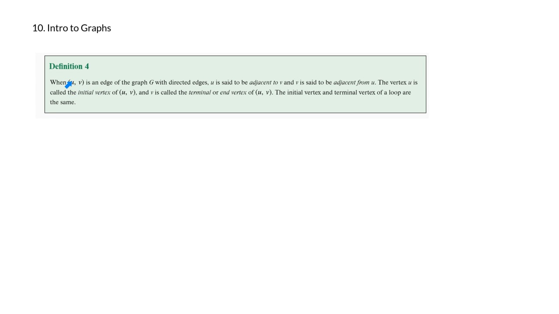Recall that in a directed graph we have vertices and we have edges which are directed. And the definition says, if the edges are directed, we show the edges by ordered pairs.